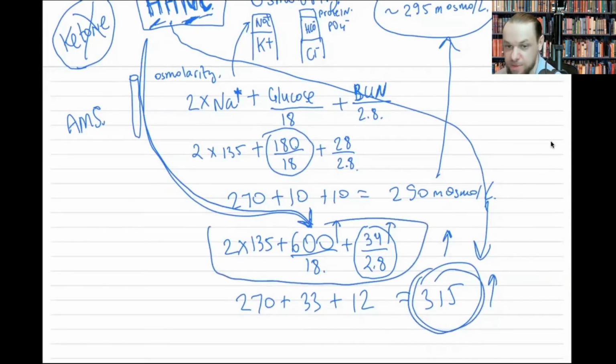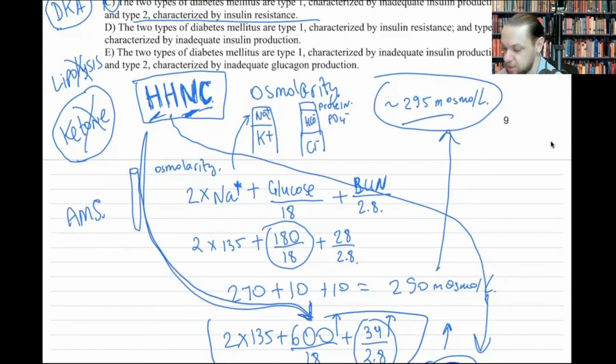So you may become 315 milliosmoles per liter, where your normal range is 295. Why is it non-ketogenic? Small amounts of insulin production stop formation of ketones. And why do you go into a coma? You have the high osmolarity in your bloodstream. That's what precipitates that altered mental status.